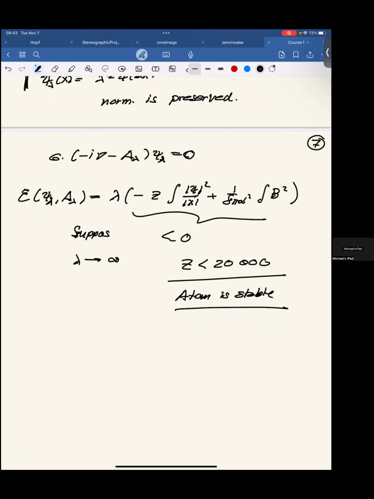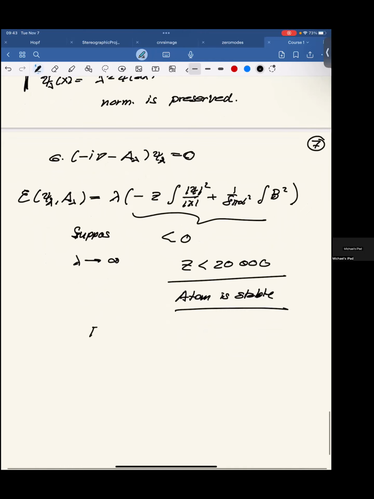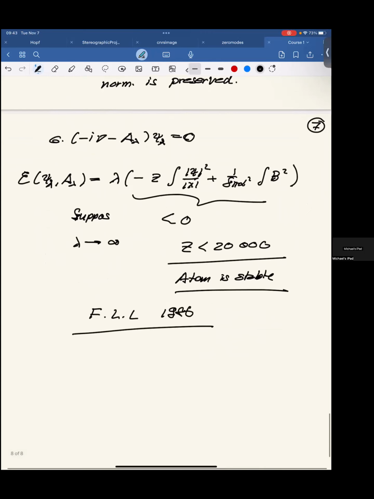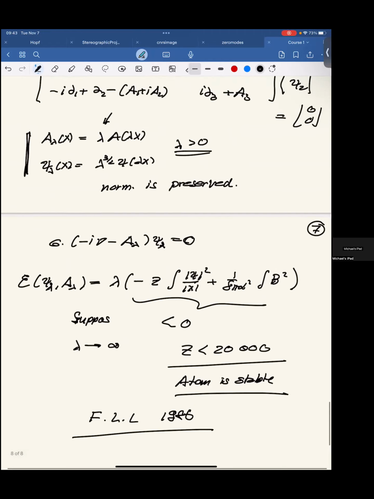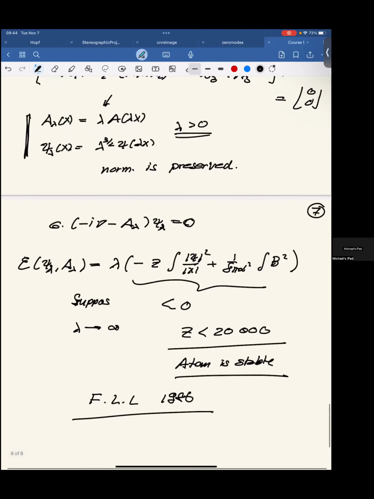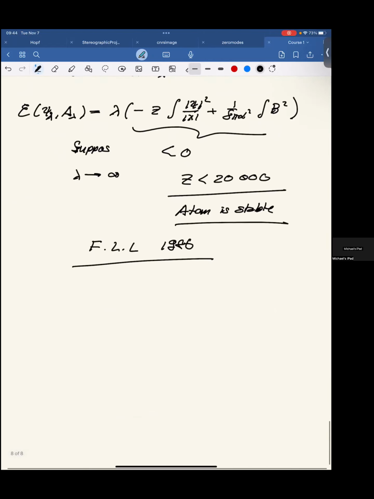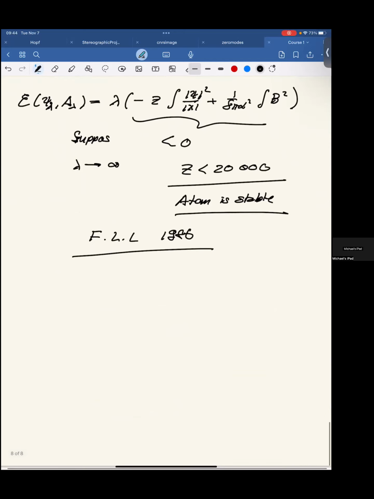So this was just, if you like, an introduction. This problem was actually dealt with, as I said, by Fröhlich, Lieb, and myself in 1986. We wrote a few papers about that. So now, of course, they still haven't really answered the question, is there such a zero mode, right? And the answer is yes. Are there zero modes?